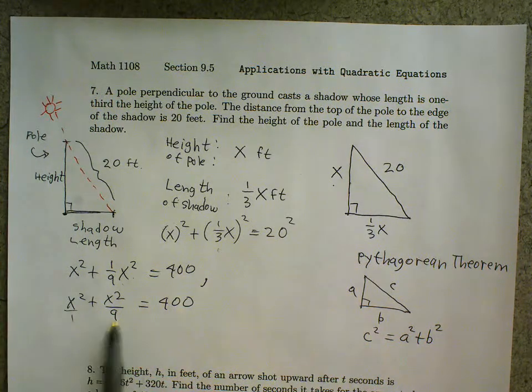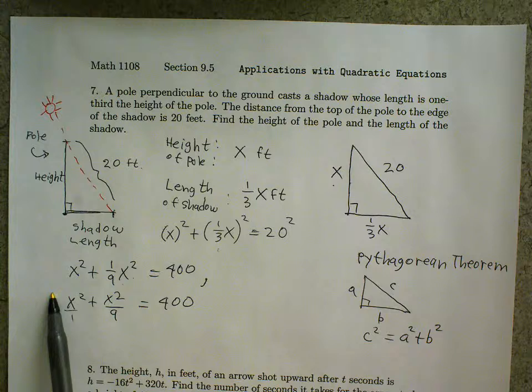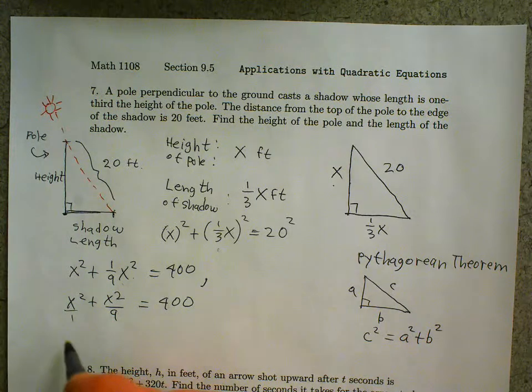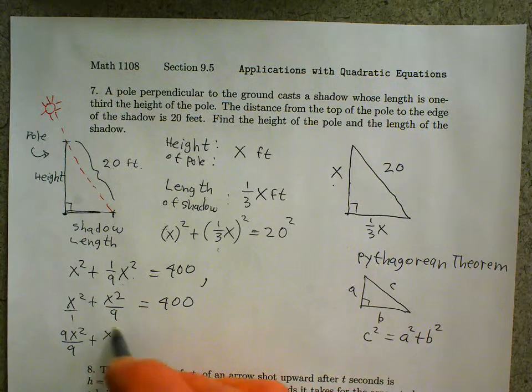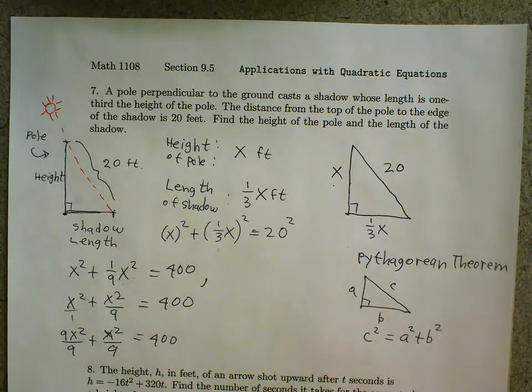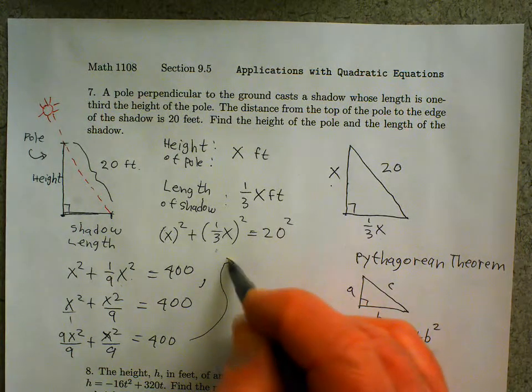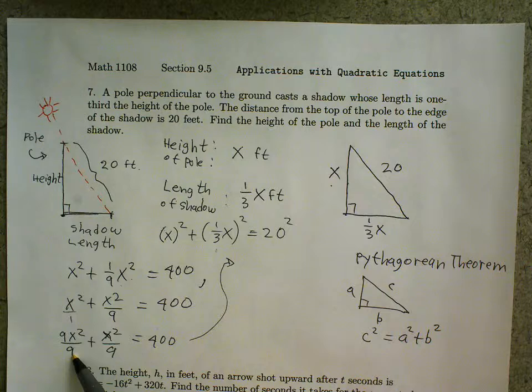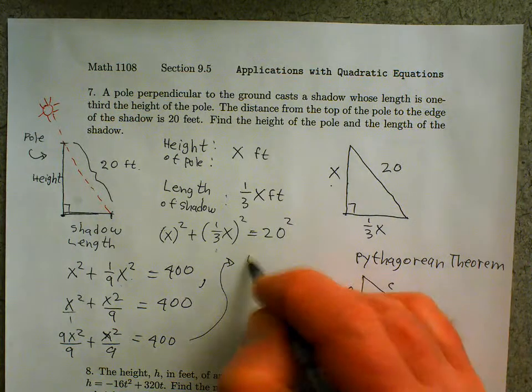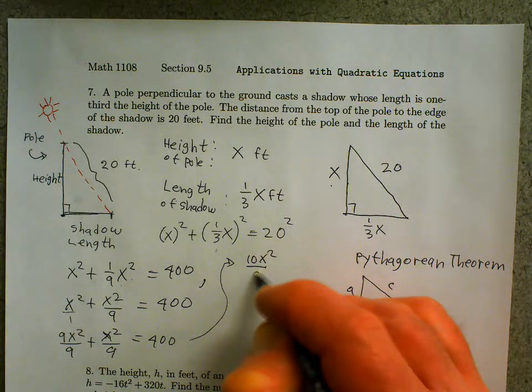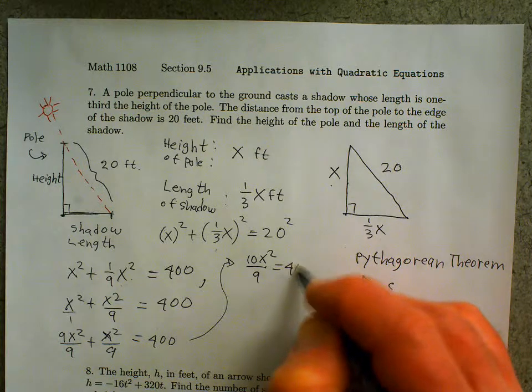The least common denominator is 9. So multiply x squared over 1 by 1 in the form 9 over 9. So 9x squared over 9 plus x squared over 9 equals 400. And then 9x squared over 9 plus x squared over 9 is 10x squared over 9 equals 400.